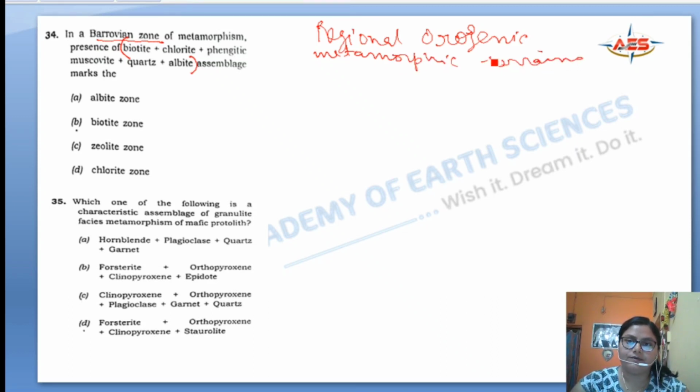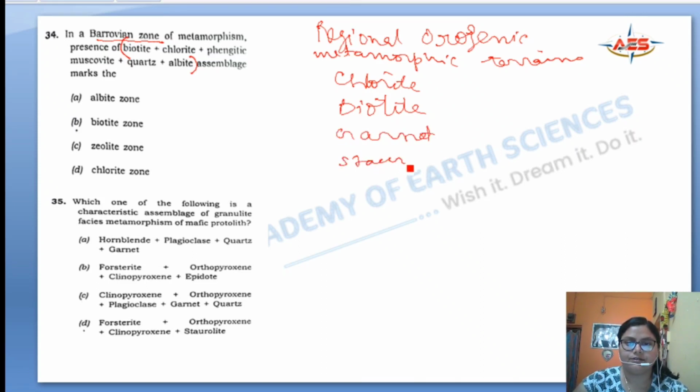Okay, here we have different zones, that is namely the chlorite, biotite, garnet, staurolite, kyanite and the sillimanite.